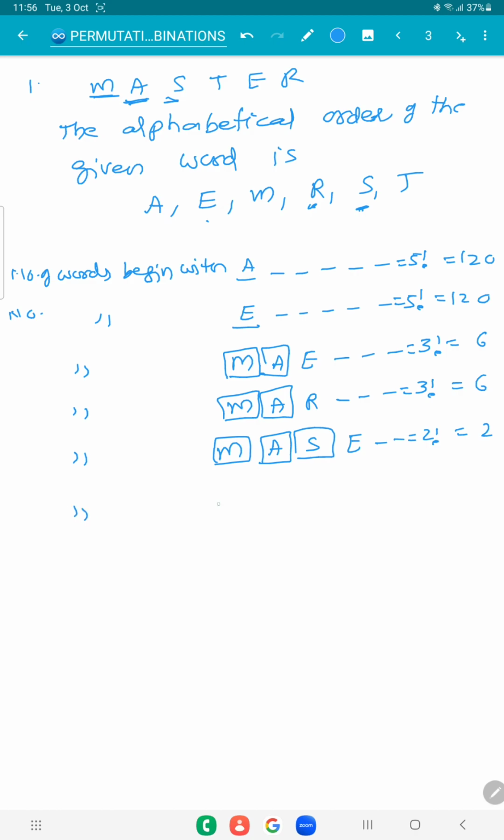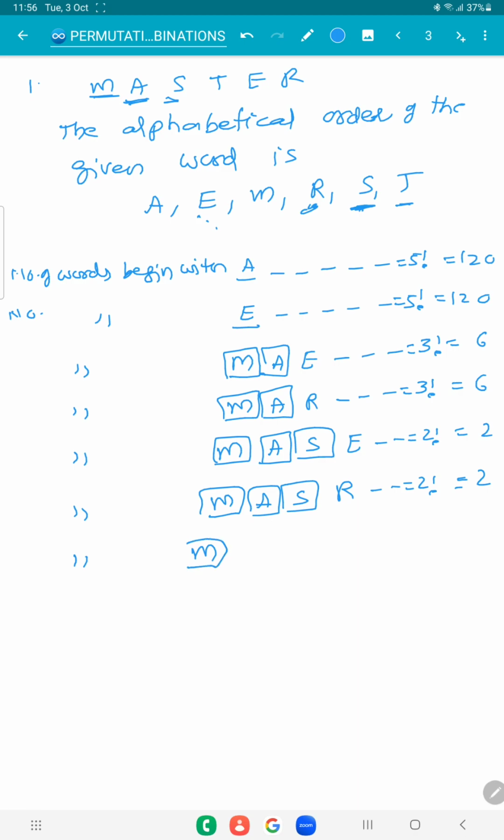That is 2, the number of words that begin with MA. After S is also locked, after E, we have R. So R is not needed, right? We have 2 factorial, that is 2. After R is done, S is already used, so T is there.